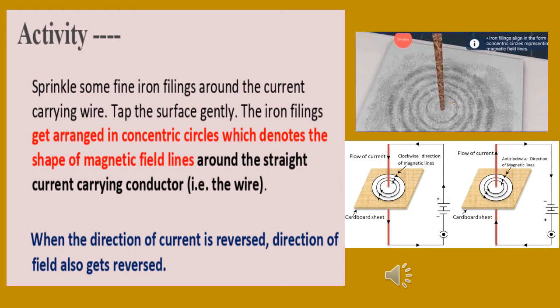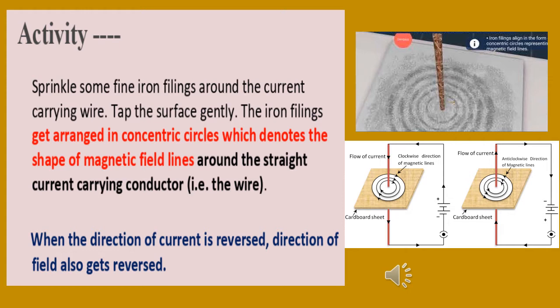Look at it. In the second diagram, the current was flowing in downward direction and the arrows of the magnetic field are in clockwise direction. In the third figure, the polarity of battery is changed, so the current is reversed. Initially it was downwards, now the current is flowing in the upward direction.